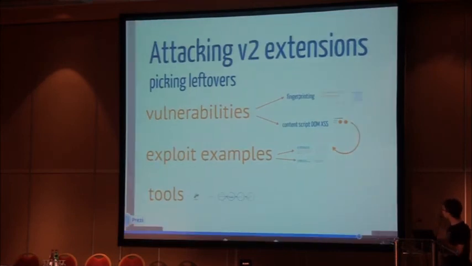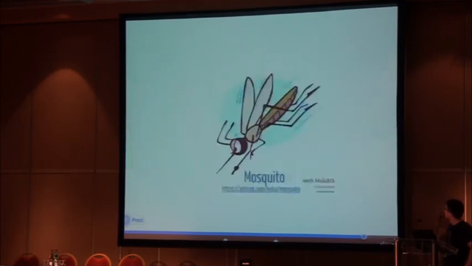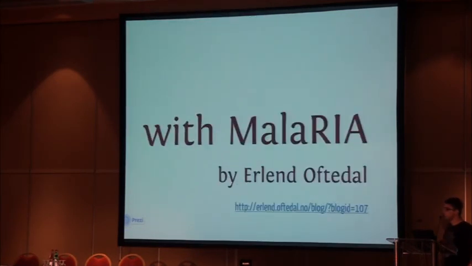What I did is I created a tool to actually abuse this vulnerability. It's called Mosquito. It's called Mosquito because it contains Malaria. Malaria is a project from, I think, two years ago or something by Erlend Oftedal, a very smart fellow.